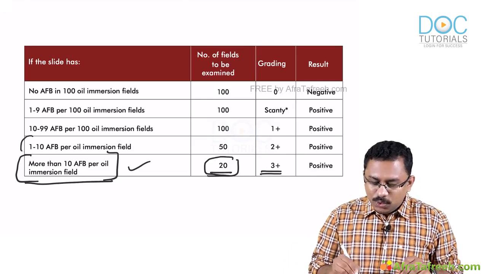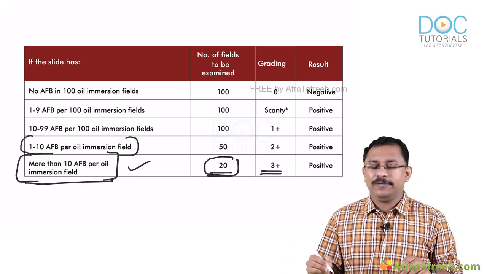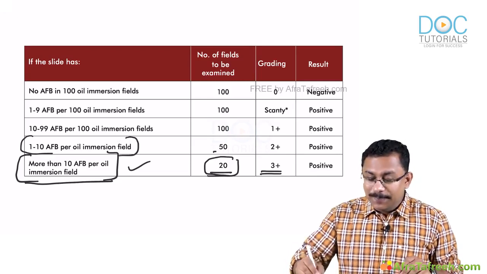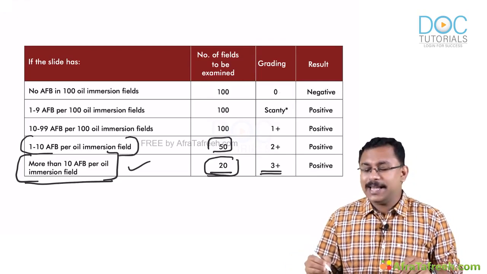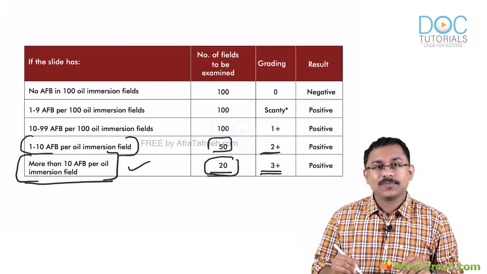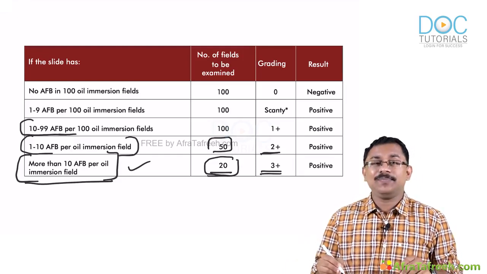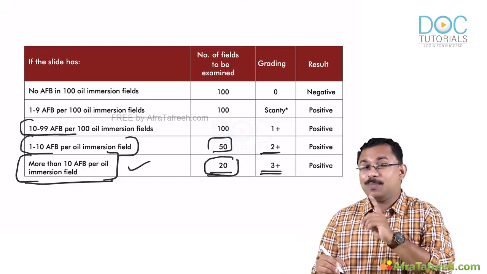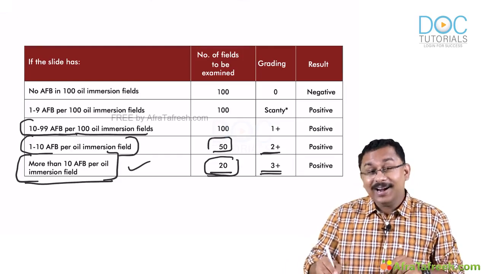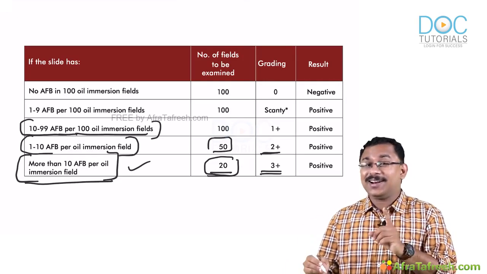If it is 1 to 10 AFB per oil immersion field with a minimum of 50 fields examined, it is 2+. If you have 10 to 99 AFB, not per immersion field, per 100 oil immersion fields. Do not get confused here.